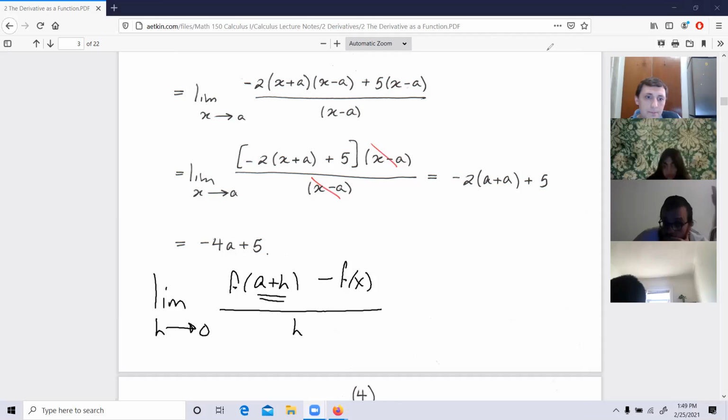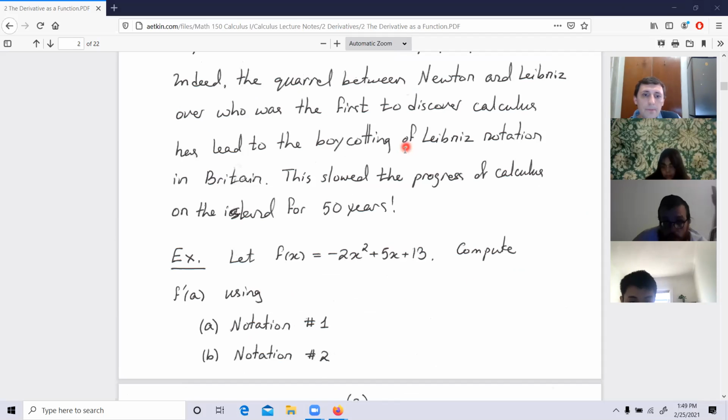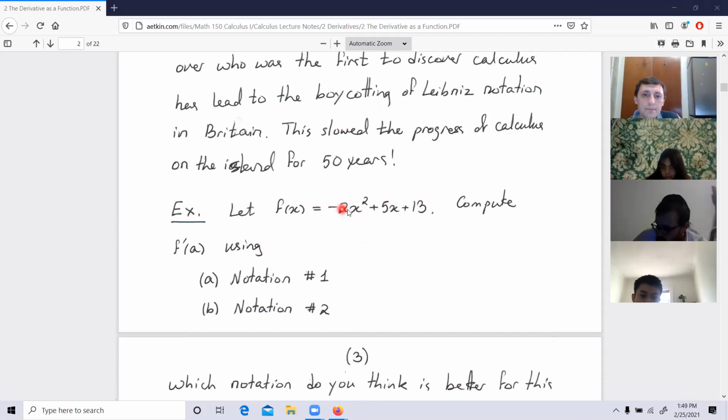Scroll up, sure. But if you had that written from before, here is that function.